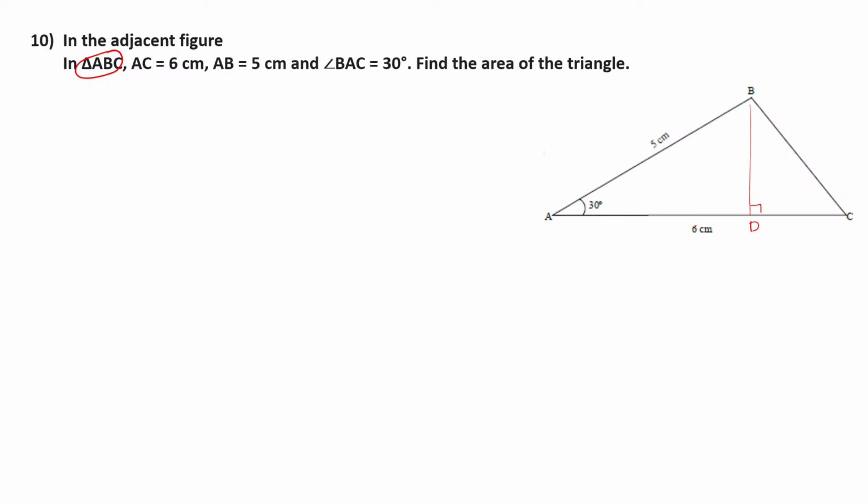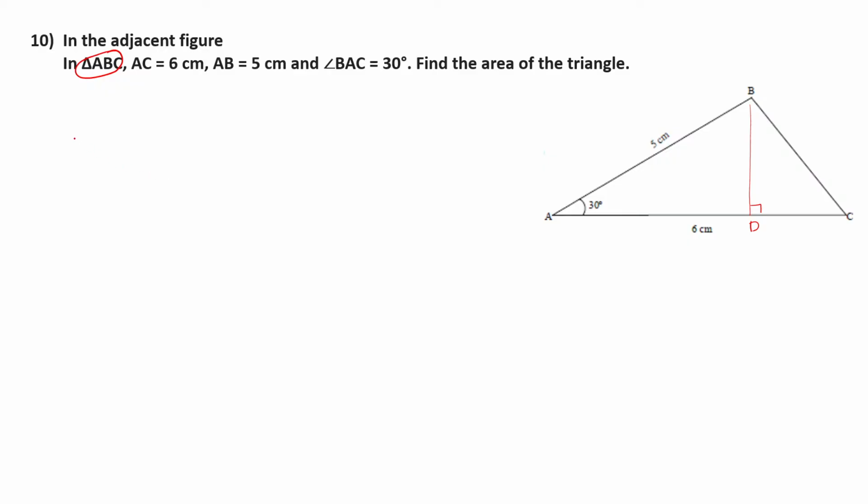Now for triangle ABC, BD will be the height. As soon as I drew BD perpendicular to AC, the bigger triangle ABC is divided into two right angled triangles, one is ABD and the second one is BDC. We don't have any information regarding the parts of triangle BDC, so we ignore that triangle. We consider only triangle ABD since we have side AB at least.